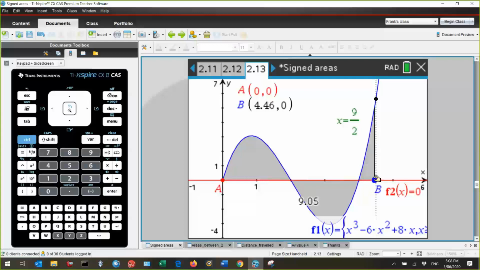So in order to get the total area, you can use bound area once you have f2 of x equals 0 as your x-axis. All right.